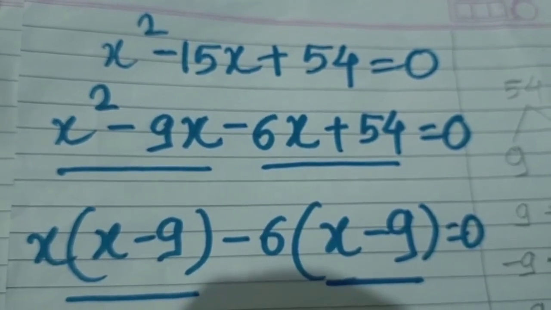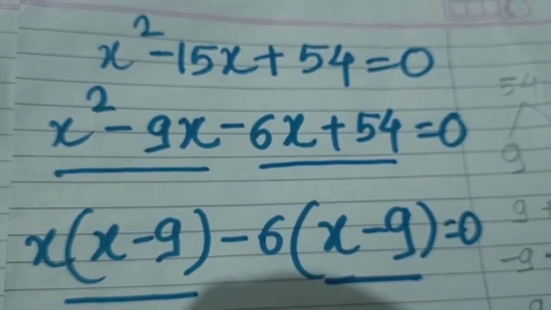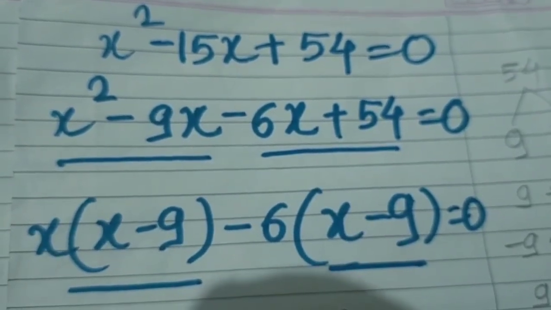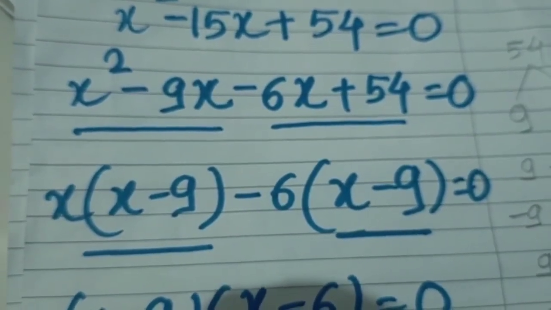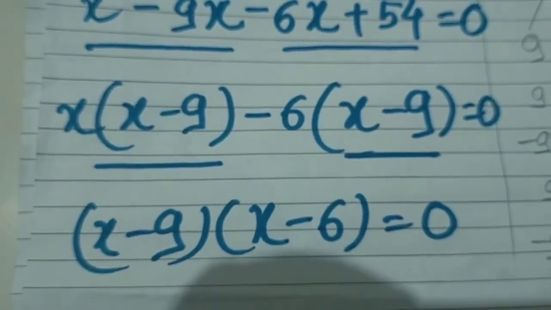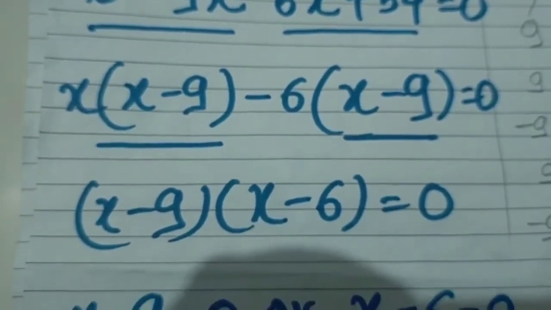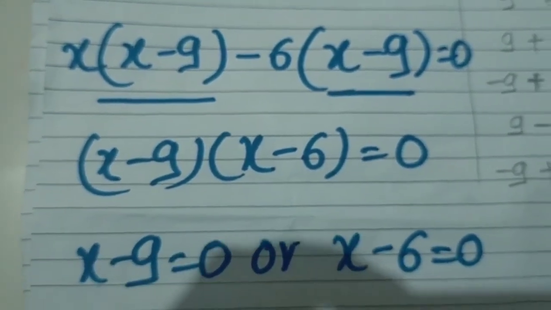In 54 and 6, 6 is common. That's why we can write 6 in a bracket x minus 9. Here the two brackets are the same, x minus 9, that's why it is common. In the next step, we write x minus 9 in one bracket and x minus 6 in the second bracket is equal to 0.